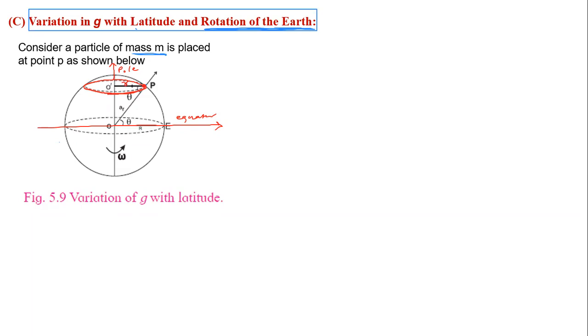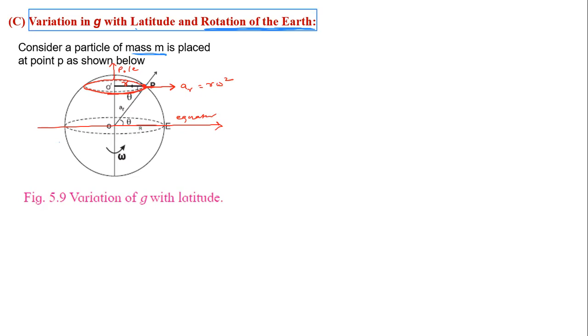On this particle, centripetal force is acting, which we can also call radial force. Similarly, a radial acceleration, or centripetal acceleration, is acting, and that acceleration is given by the formula r omega square.